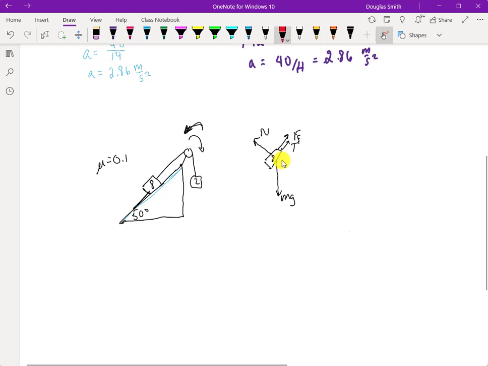This mg will have 2 components. It has like the normal force. This is the perpendicular component of the mg, and this is the parallel component of the mg. So I'm going to redraw this whole block again with a new coordinate system.